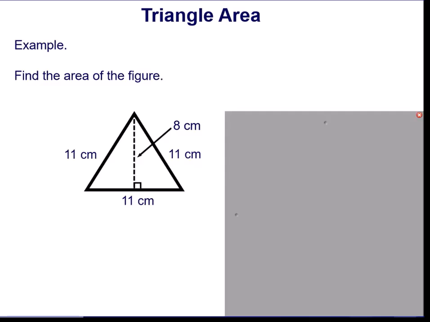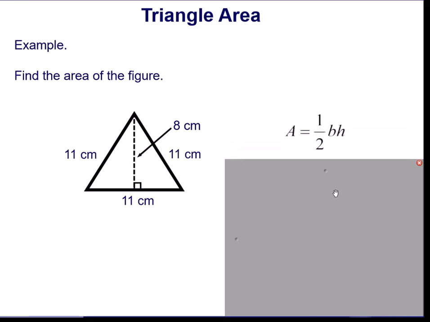Example, find the area of the figure. First, we have a triangle, so we know we are going to use our triangle area formula. Area equals 1/2 times the base times the height. We're going to say that the 11 centimeters is the base, because here's the height that I have drawn. And there's a 90-degree angle between the height and the base.